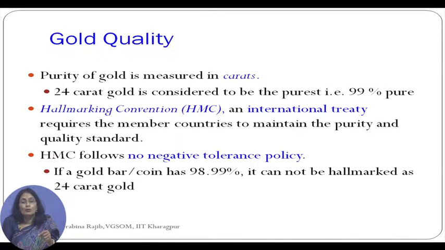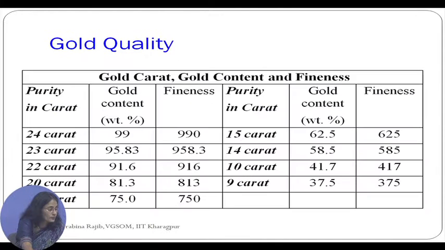Who has developed these measures for the quality of gold? All of you must have heard something called hallmarking. Hallmarking is a convention, an international treaty which requires the member countries to maintain the purity of gold which is being bought and sold in the market. 24 karat, as I mentioned, should have 99% purity.